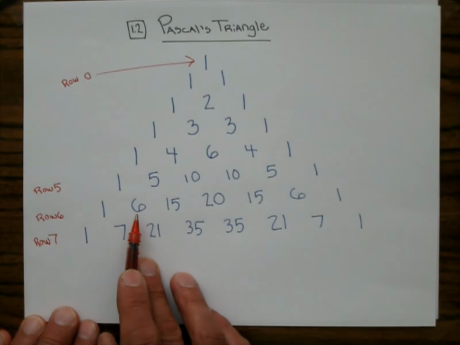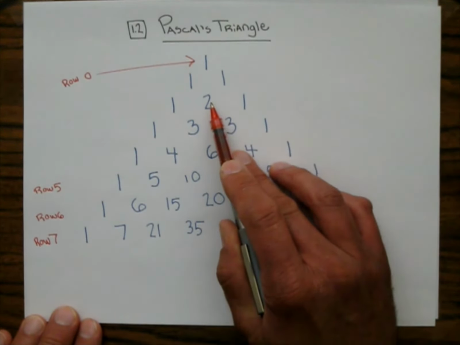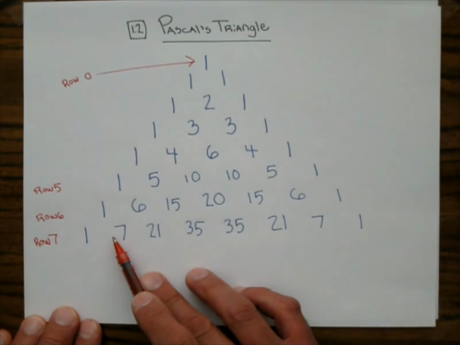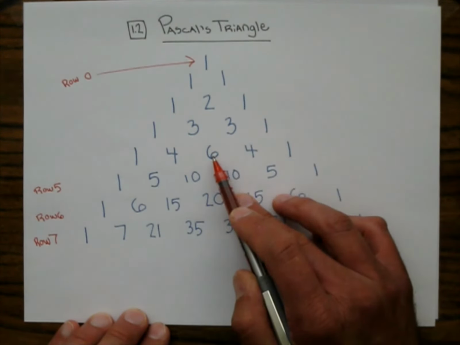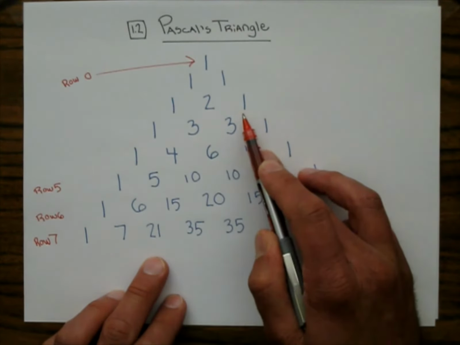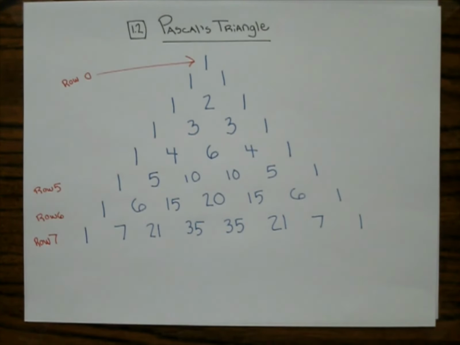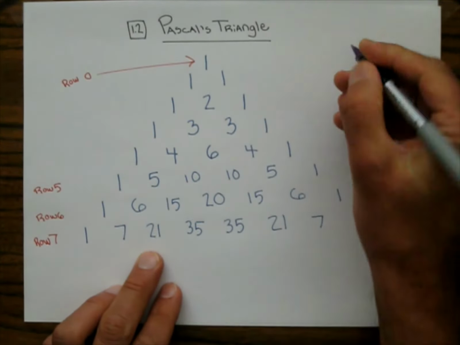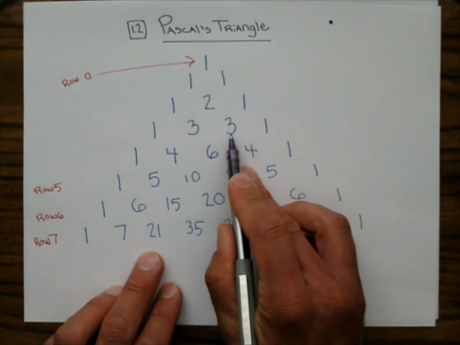There are other neat things about Pascal's triangle, like you see the sequence 1, 2, 3, 4, 5, 6, 7. But here we see 1, 3, 6, 10, 15, 21. That sequence right there, and you don't have to write this down, is a sequence of triangular numbers. So your first triangular number is 1. Your second triangular number is 3.